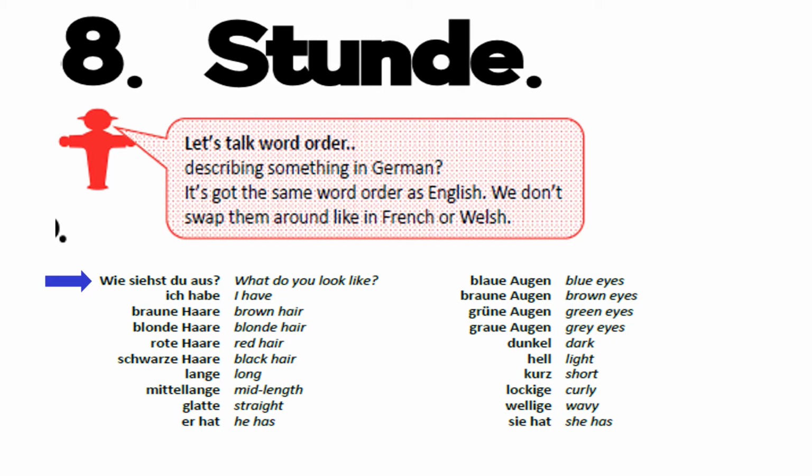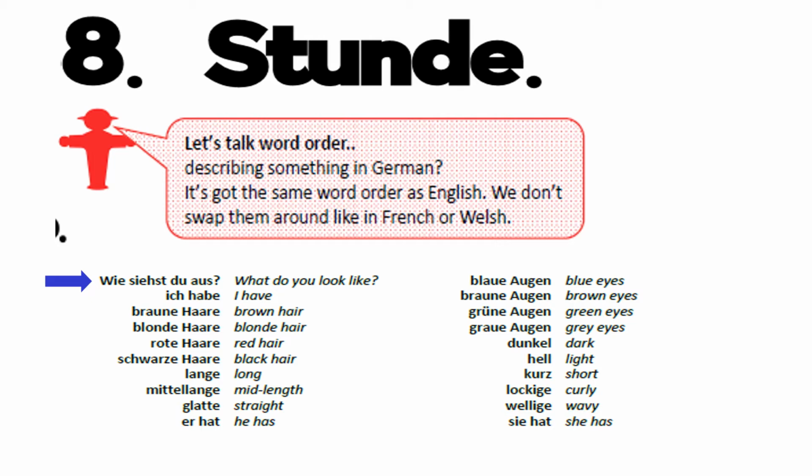Yeah, so that really should be kürzer because we're only using it when we're describing words. There's a long reason behind that. I won't go into it right now. So if you want to add an E to your page there and accept my apology, that'd be great. Curly is lockiger. It sounds like locks of hair, I guess. Wavy is welliger. And then she has is sie hat.